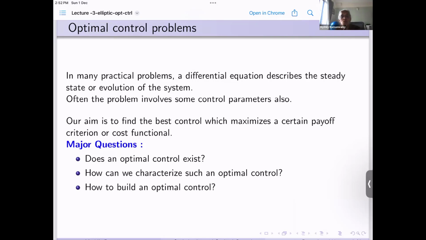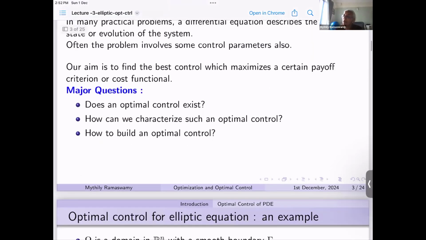So, as before, we are interested in existence of optimal control, how to characterize the optimal control, and how to calculate the optimal control. Can we compute it? These are all the major questions.